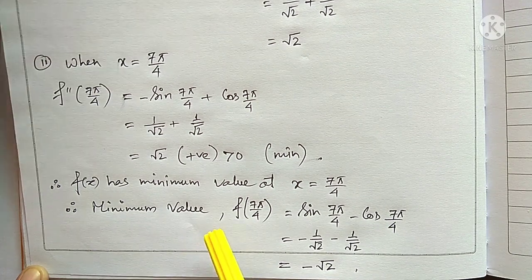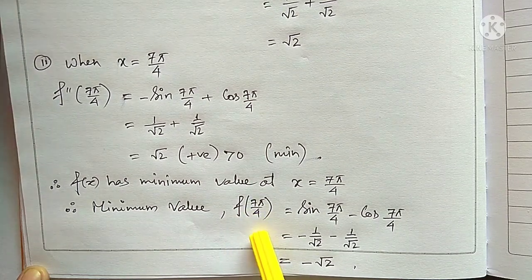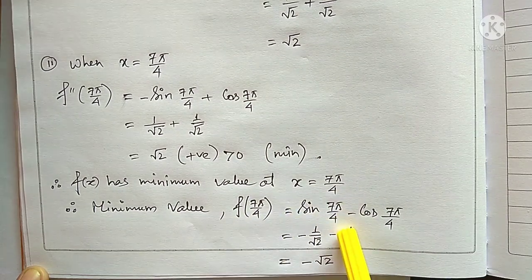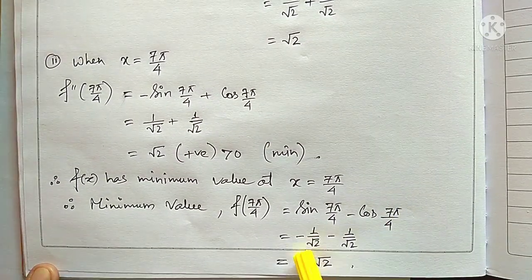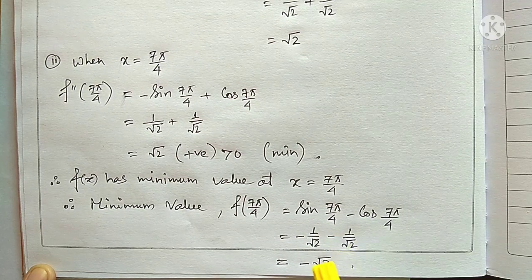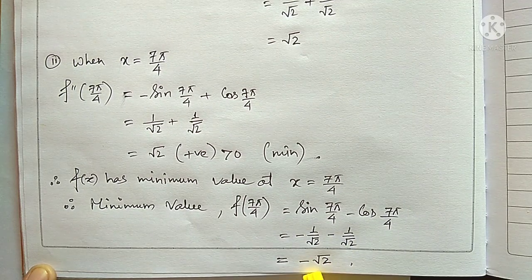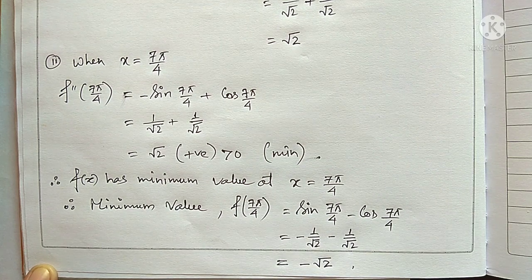So f(7 pi by 4) equals sine 7 pi by 4 minus cos 7 pi by 4, and if we evaluate this we get minus 1 by root 2 minus 1 by root 2, and ultimately the value is minus root 2. Is it clear? This is our minimum value.